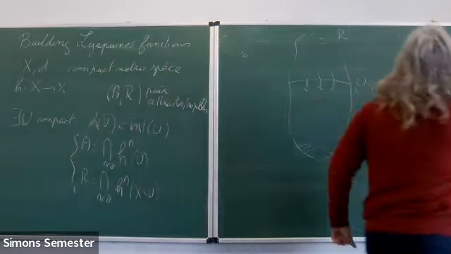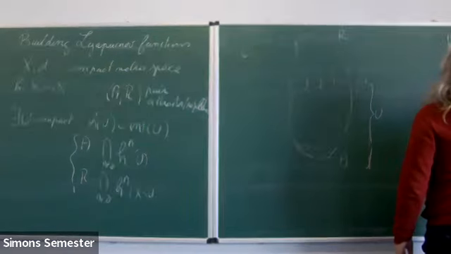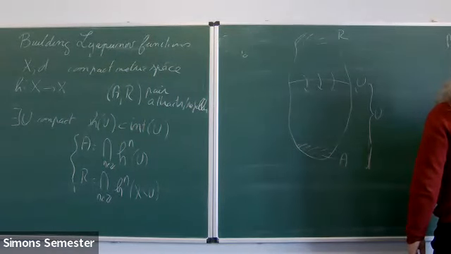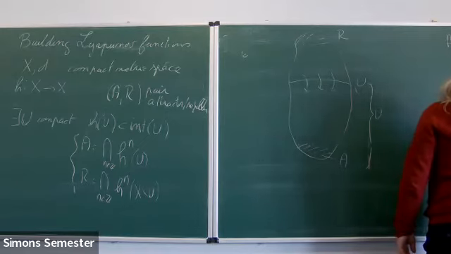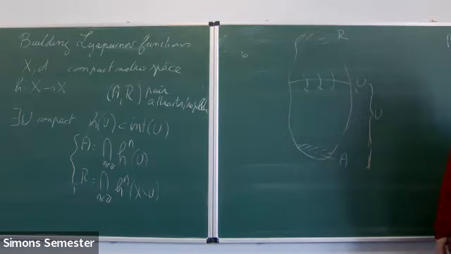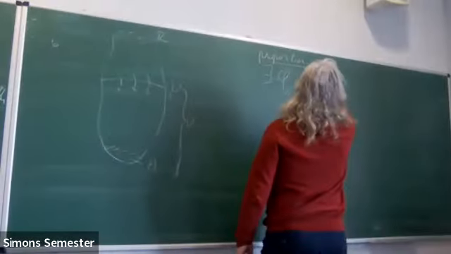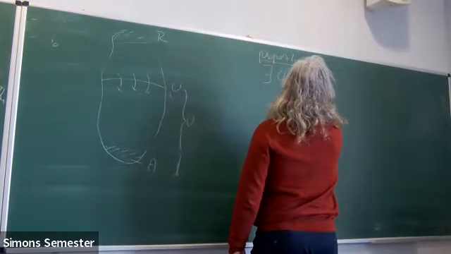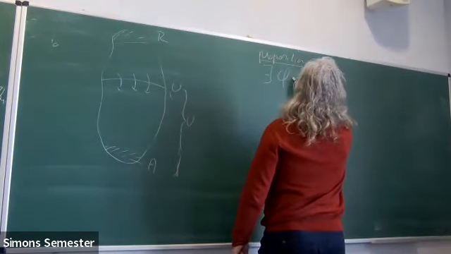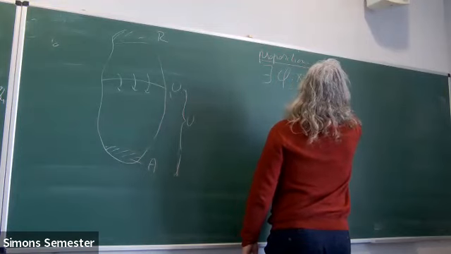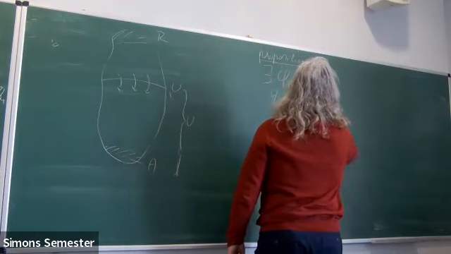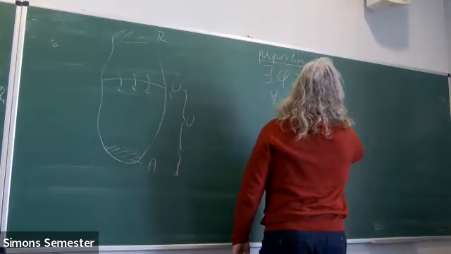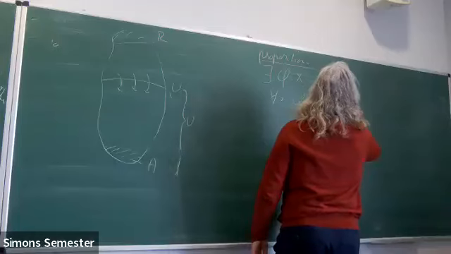Lemma, proposition: there exists phi from X to R, so that for any x, phi of h of x is less or equal to phi of x.